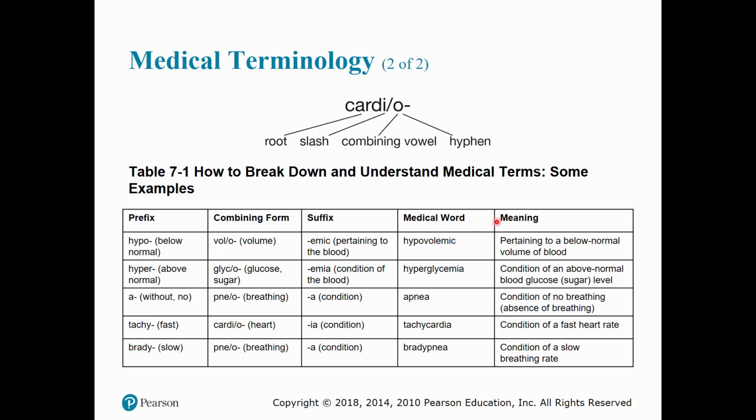They have low blood volume. Bradypnea: brady meaning slow, pnea meaning breathing, a meaning condition, is a condition of a slow breathing rate. So it takes multiple different things, brings it into one to help simplify things to where we can understand.